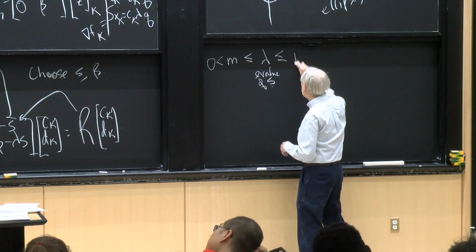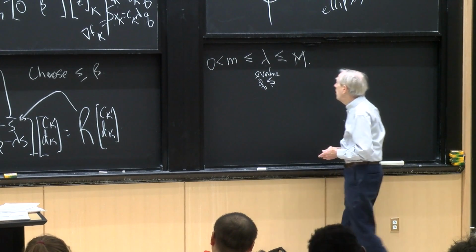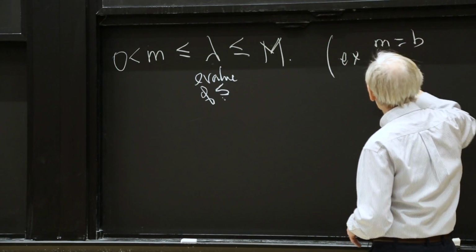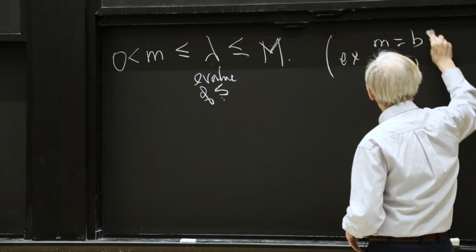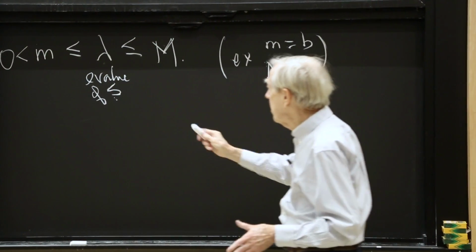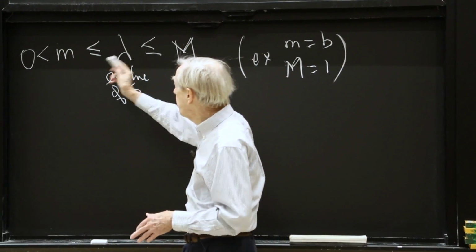For example, m was b and M was 1 in that 2 by 2 problem. And this is what we know, that the eigenvalues are between m and M.